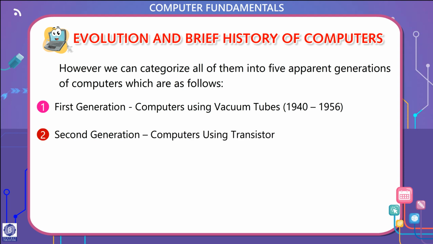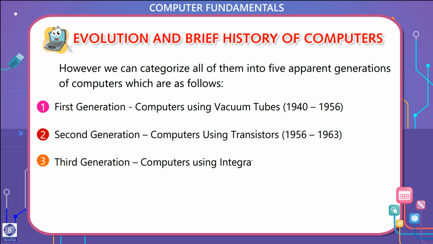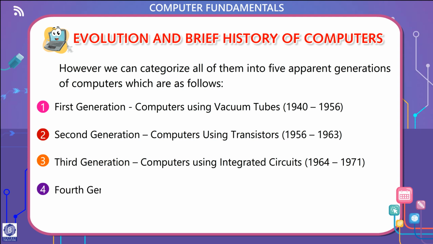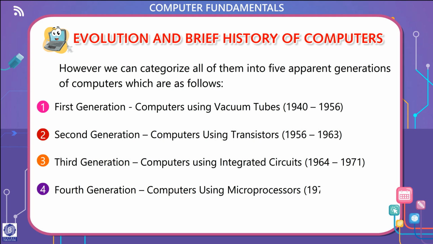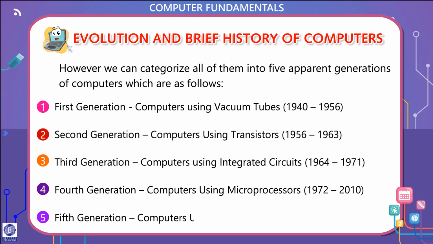Computers using transistors, 1956 to 1963. Number 3. Third generation. Computers using integrated circuits, 1964 to 1971. Number 4. Fourth generation. Computers using microprocessors, 1972 to 2010. Number 5. Fifth generation. Computers using artificial intelligence, 2010 onwards.